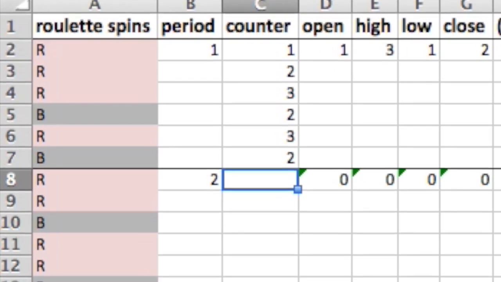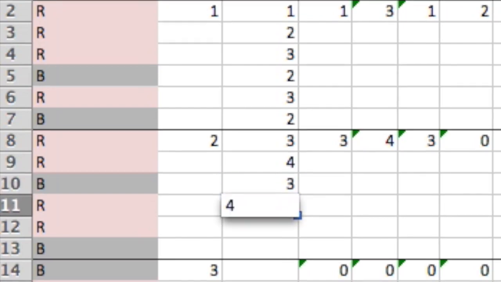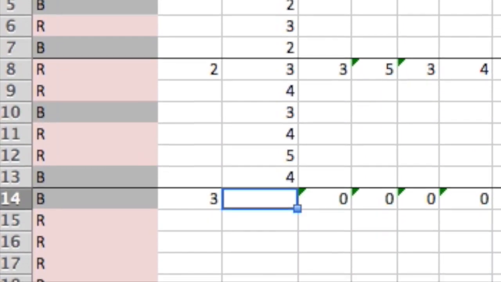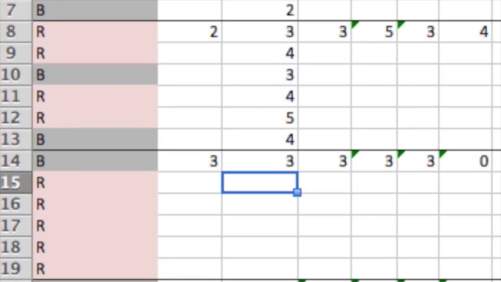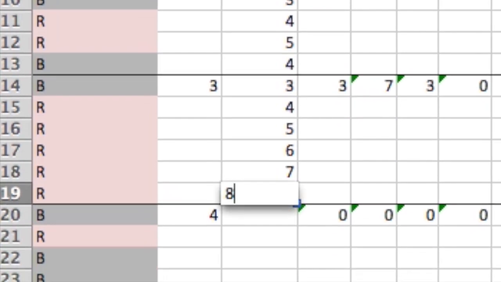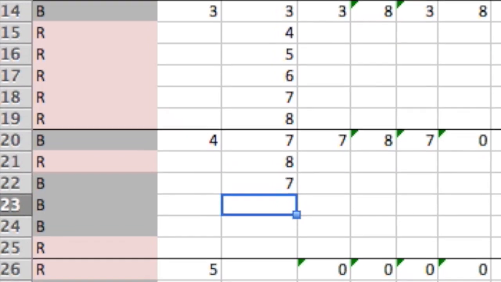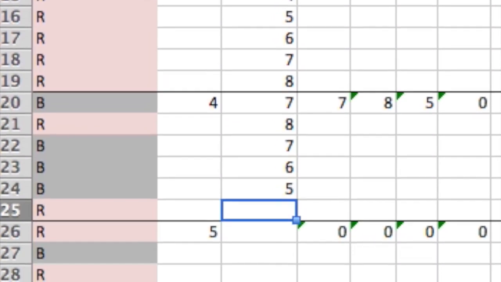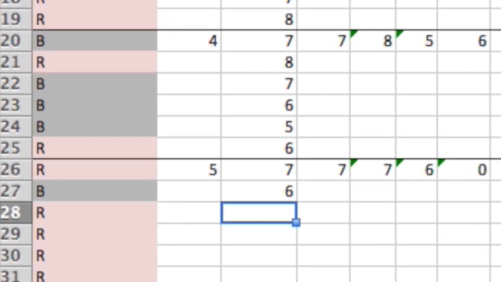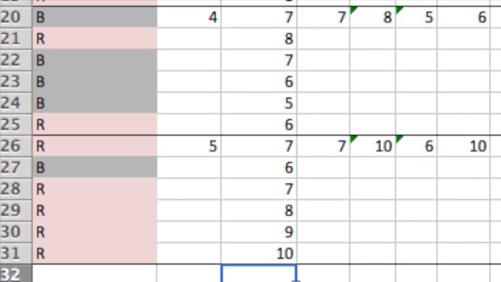And here we will have 3, 4, 3, 4, 5, 4, and here 3, 4, 5, 6, 7, 8, then 7, 8, 7, 6, 5, 6, 7, 6, 7, 8, 9, and 10. Okay?